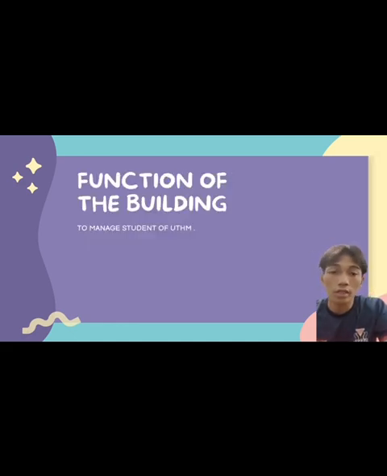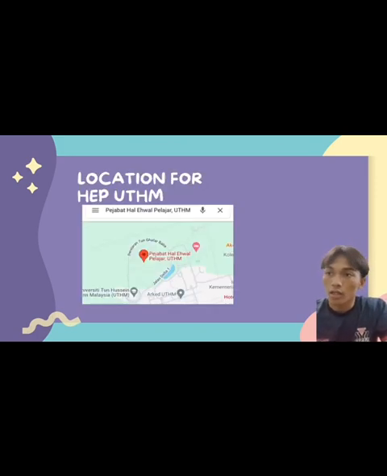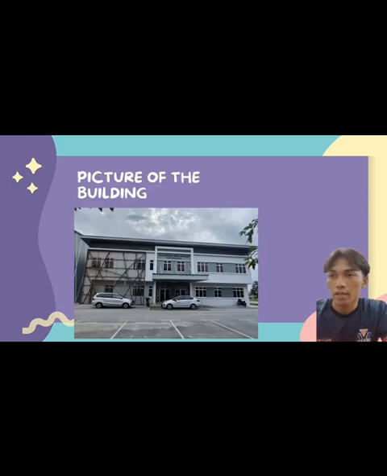The function of the building is to manage students of UTHM. So here is the location of HEP UTHM. I searched in Google Map. Next is a picture of the building. I took it myself, so I put it on my slide.